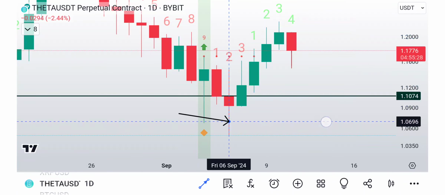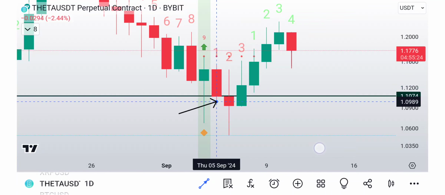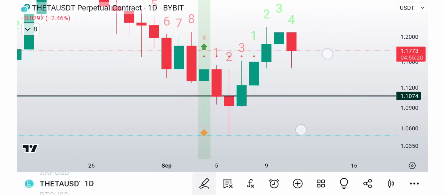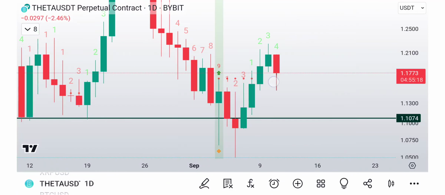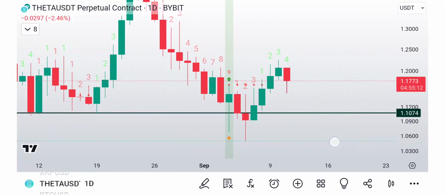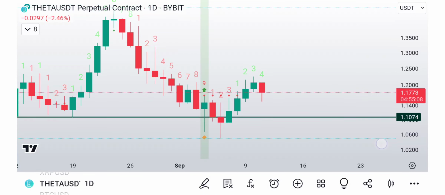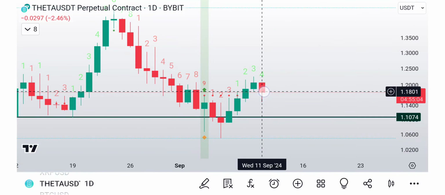So that's a lot of candles to the upside, 1, 2, 3, 4, 5 candles. And now you can see this candle here, we're starting to pull back, which is a good thing. We need a pullback. So if I just got a paycheck and I want to buy, do I buy now?